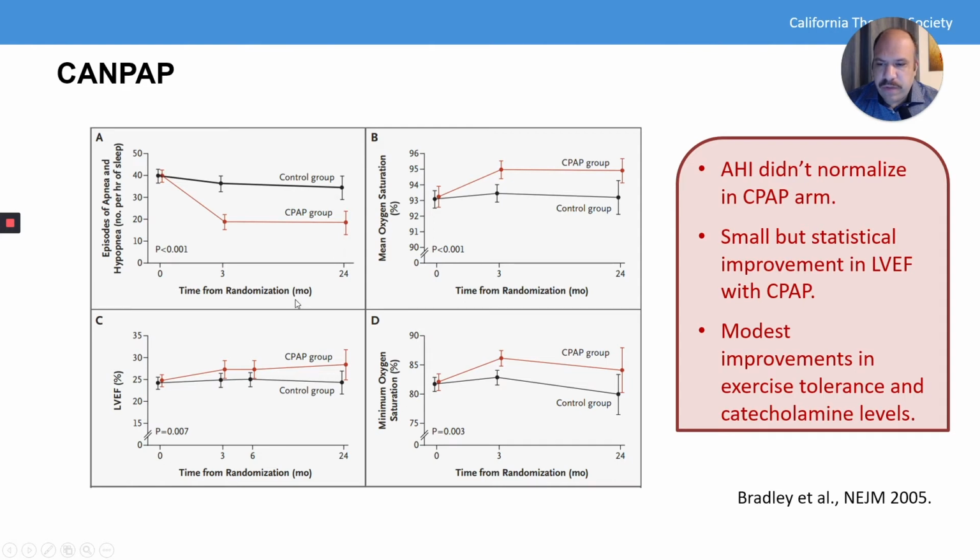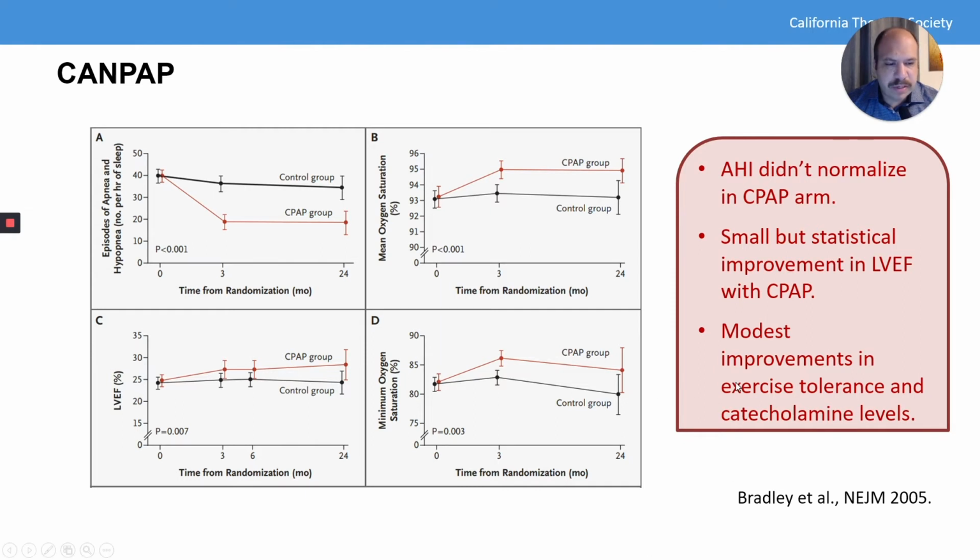The very interesting part here is that there was an improvement in the LVEF in the patients who got CPAP relative to control. This was a mild improvement, a few percent on the LVEF, but it was statistically significant. And if you think about it, a small change in a parameter like this over a very large population probably will improve outcomes in a significant number of people. So that's something to consider as well.